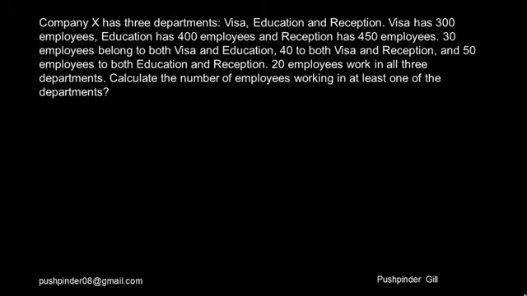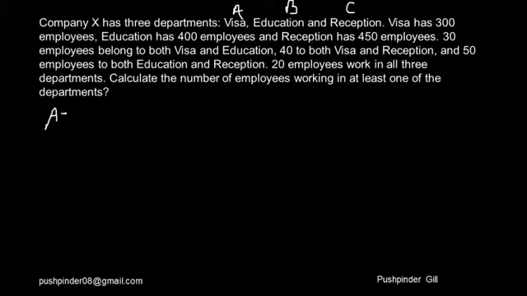Okay, now let's see this question. Company X has 3 departments: Visa, Education and Reception. Visa has 300 employees, Education has 400 and Reception has 450 employees. Now what you need to do is denote them with some figures. Let me say this guy is A, this guy is B, and this guy is C. So it has 3 departments and Visa has 300 employees.